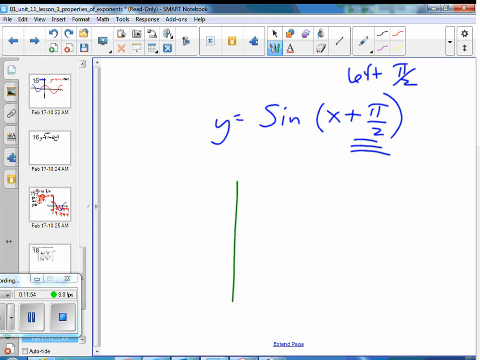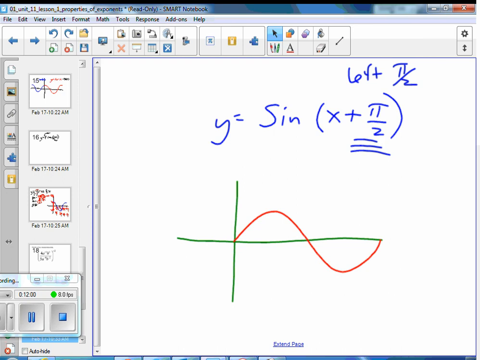All right, so it's like this. Here's my sine wave. I have to move it to the left, pi over 2. So obviously I'm going to grab it and move it left. But how far do I actually move it? Well, I need to have it numbered so I know how far pi over 2 is. If you've got these spots labeled, you should know that pi over 2 is that spot, and therefore this is how long pi over 2 is.